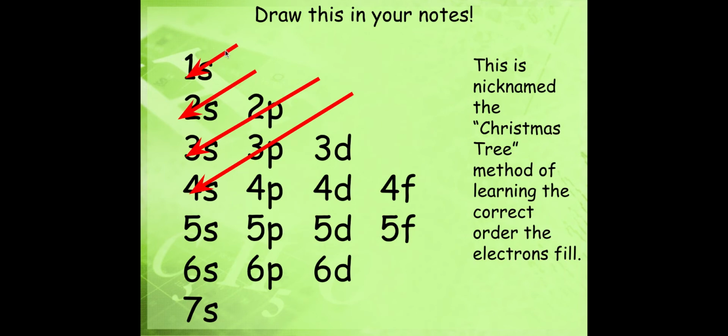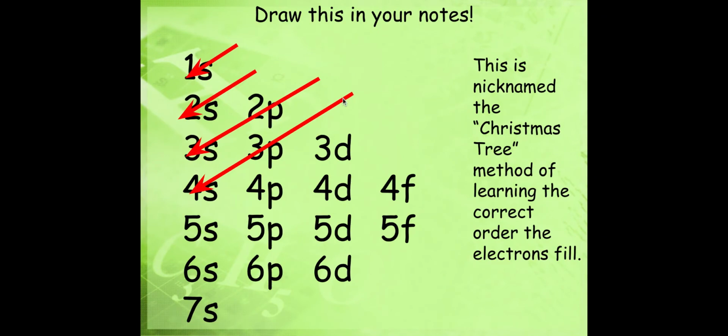So if I'm writing the electronic configuration, I'll always start with 1s, and then I go to 2s, and then I go to 2p, then 3s, because this arrow touches the 2p before it touches the 3s. So I will fill the 2p with my electrons before I fill the 3s.